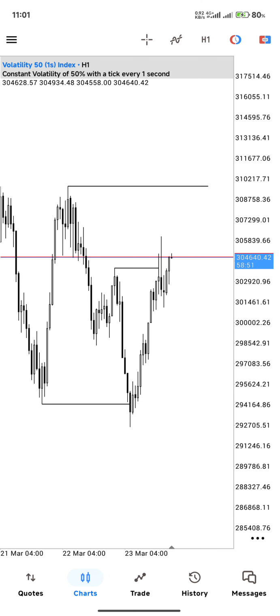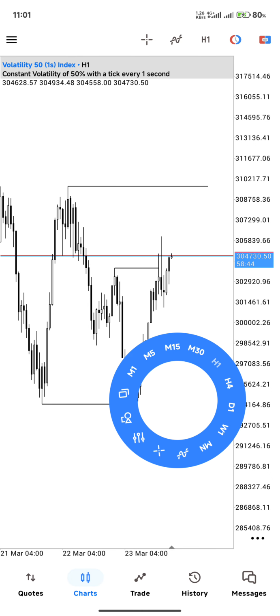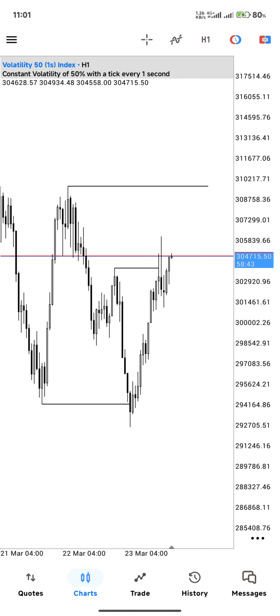So personally for me, I'm going to be looking for a buy entry, and I want to buy below these areas.